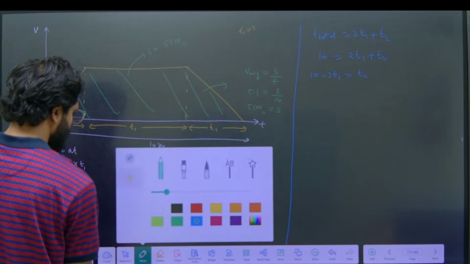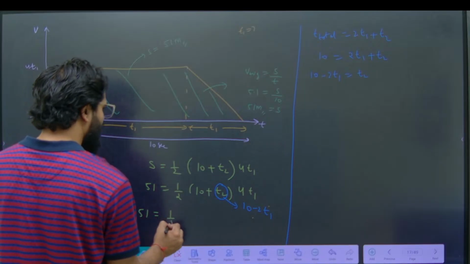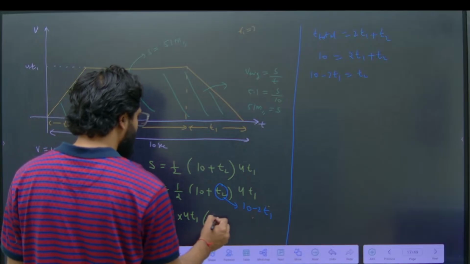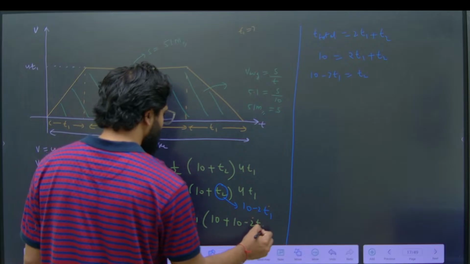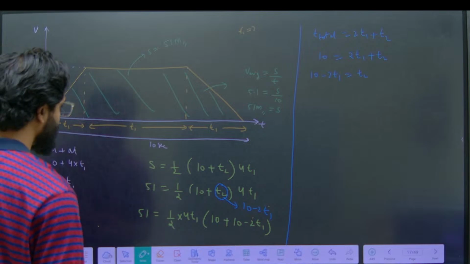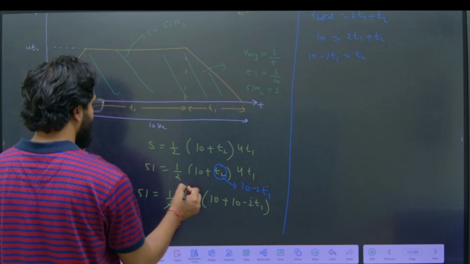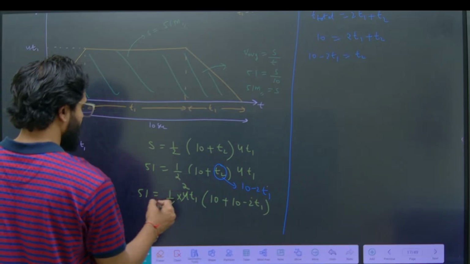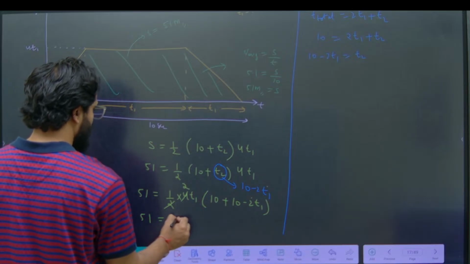So calculate, guys. This is half into 4T1 into 10 plus 10 minus 2T1. Okay. So the half cancels with 2, so 51 equals, this is 20, so 40.